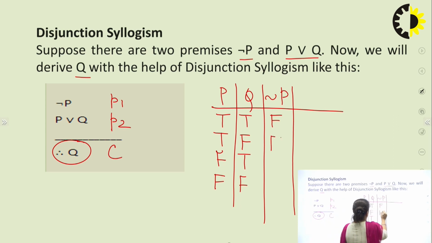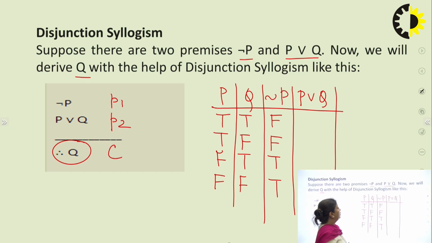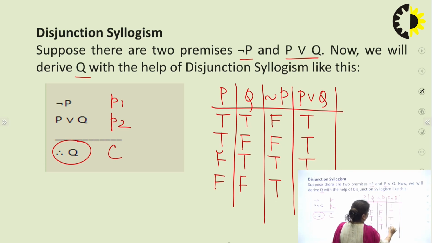So it will become false, false, true and true. Now P or Q, the P disjunction Q, simply means that if any one value out of P and Q is true, then it is going to be true, otherwise it is going to be false. So here P and Q both are true, it is going to be true. Then true false means true, false true means true, and the last one is false false, so it is going to be false since both are false.